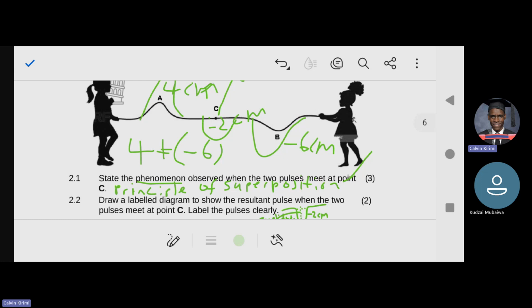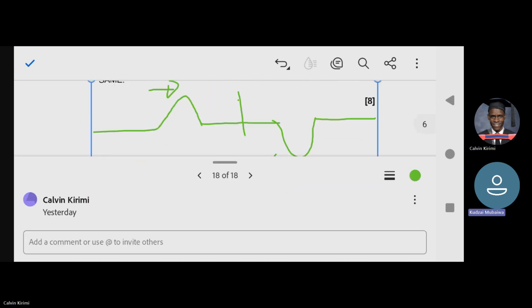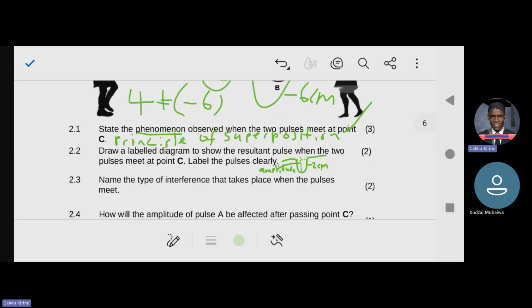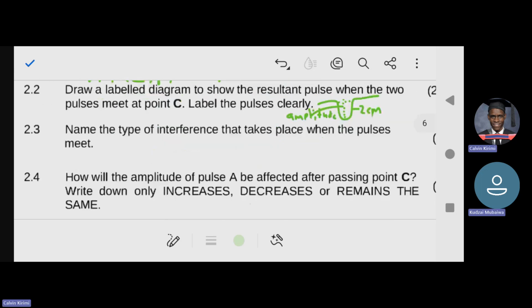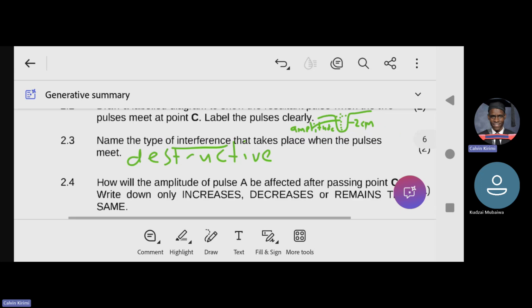You don't even have a bigger amplitude than either of the two. Top and bottom, they cancel out. So here, you must know it's a destructive interference. Then you get your mark for that.